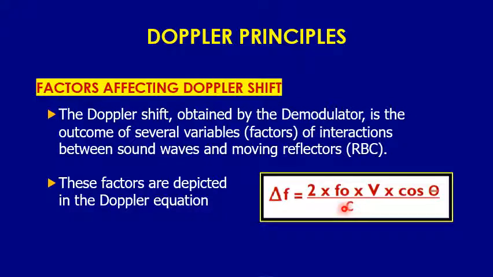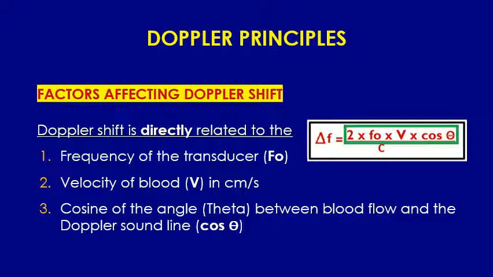So if you look at these factors together, the number 2 is fixed, and C is fixed, which is 1.54 millimeter per microsecond. So the actual variables will be the frequency of the transducer, the movement of the blood, and the cosine of angle theta.